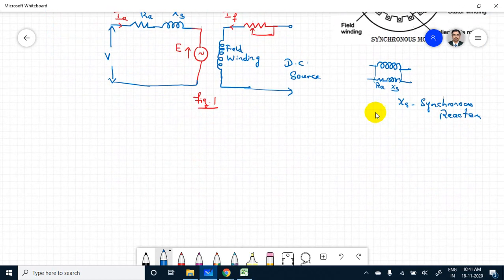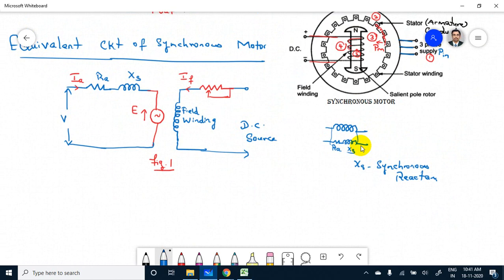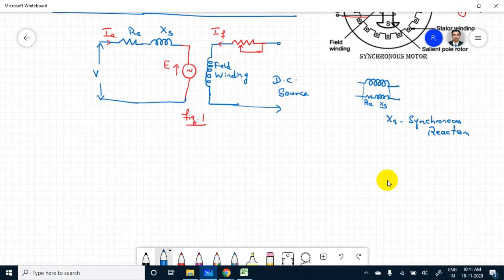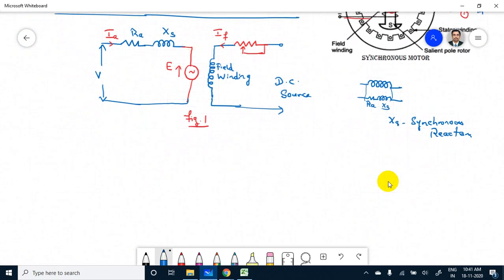Now the phasor diagram for the synchronous motor, the phasor diagram for figure 1.